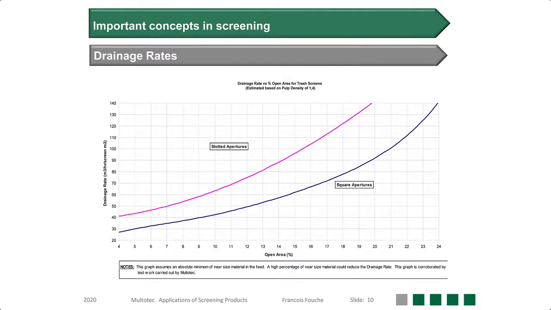This is the famous Multotec drainage rate graph, which has really traveled the world. It provides drainage rates in cubic meters per hour per square meter for various screen panel apertures. I'd like to caution you that when it comes to the drainage rate of medium, these figures are considered optimistic, if you consider that the test work was done on a gold plant slurry with a solids content of 50%, which is regarded as a free-flowing slurry.